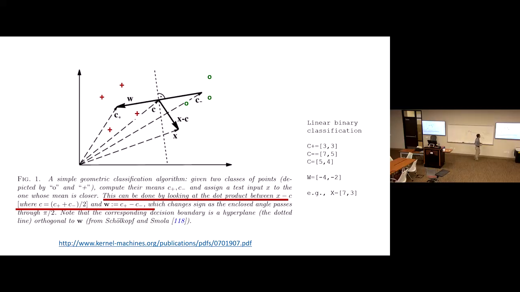Very easy to compute. After that, we will take a dot product between this vector and this vector.